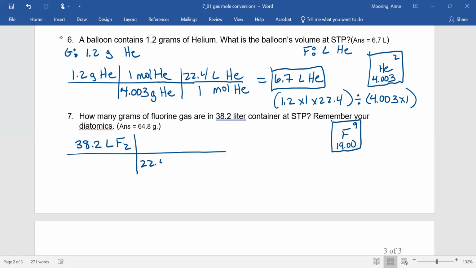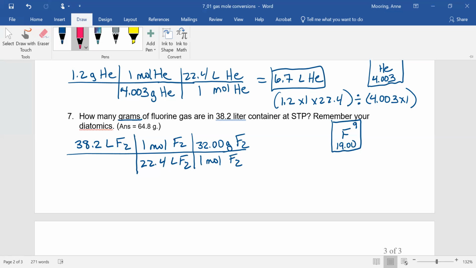Okay, we're going to bring down liters of fluorine and convert that to moles of fluorine. But we don't want to stop at fluorine. We are trying to get to grams. So 1 mole of fluorine has a mass of 32.00 grams of fluorine. Let's look at how all our units were canceling out.